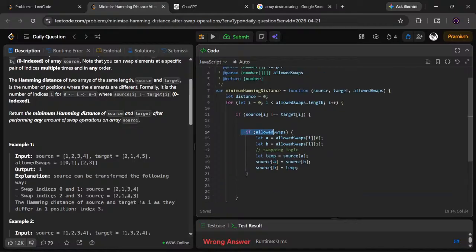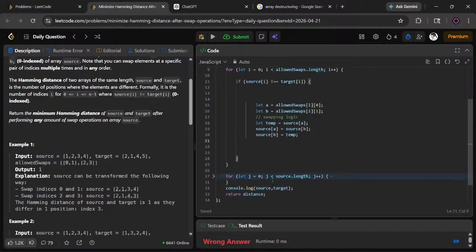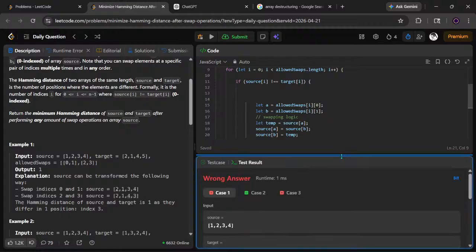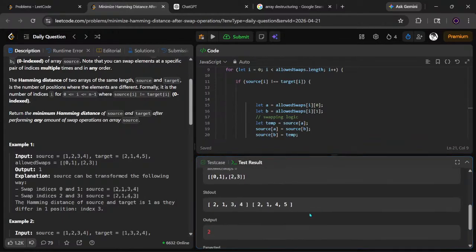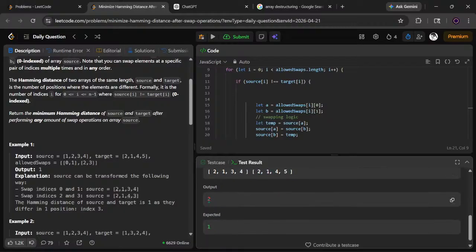And this is not even working. Here we have source and target. Let's see what... two is matching, one is matching. The output should be one, right?